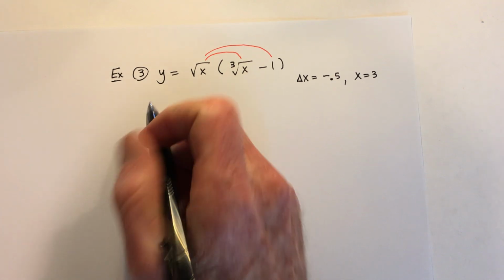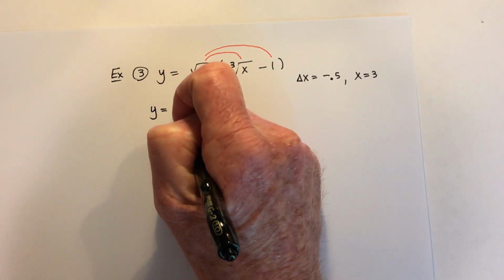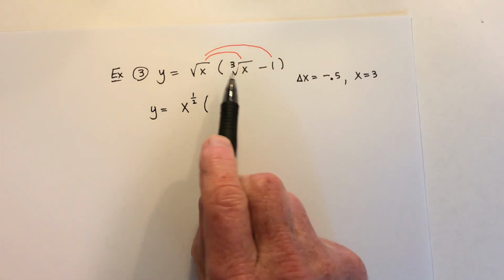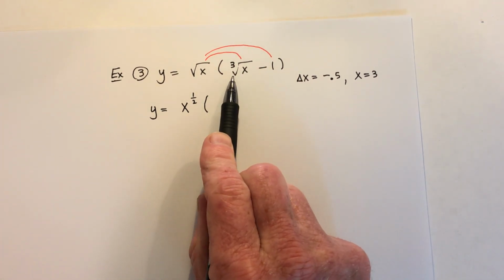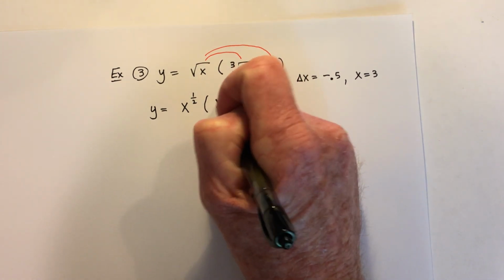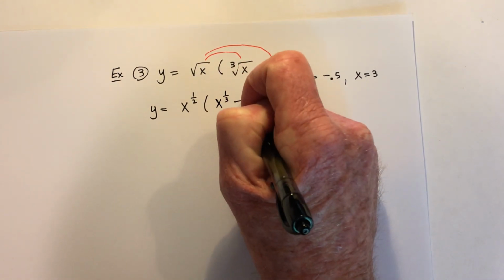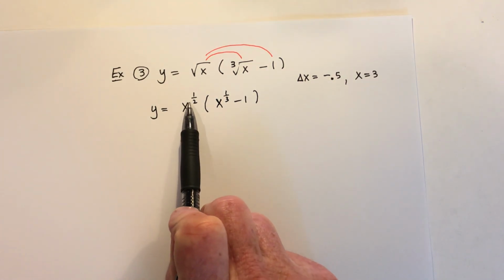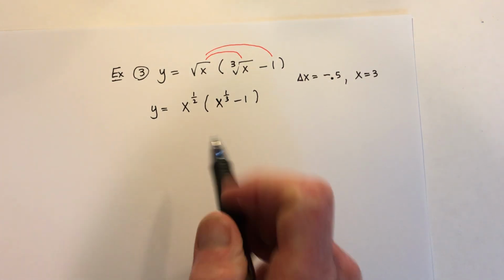So this right here, you can rewrite the square root as x to the 1/2. And this one, the cube root, you could rewrite that as x to the 1/3. And so when you distribute and you multiply these two, that means you have to add the exponents.